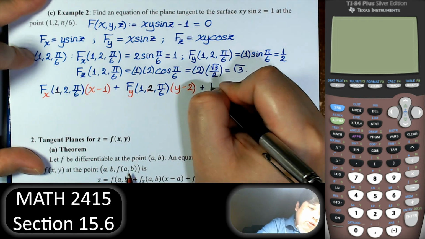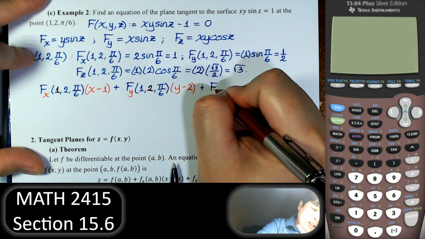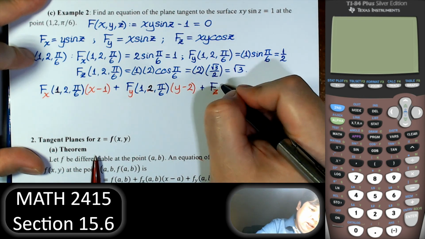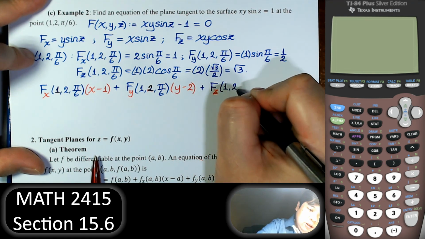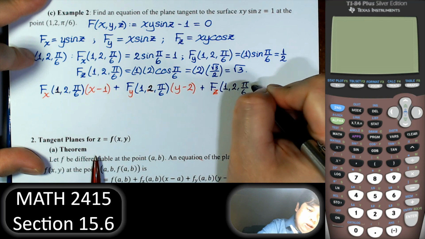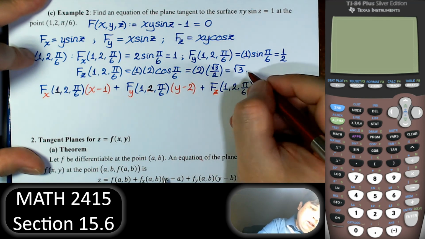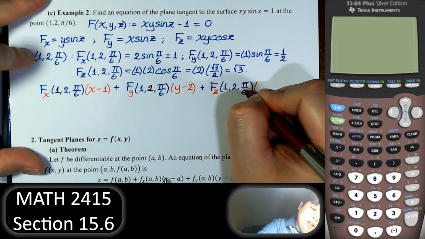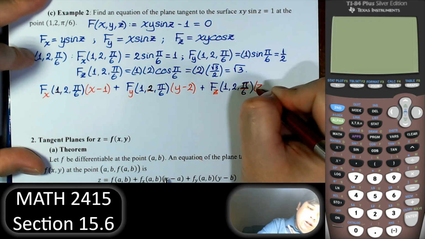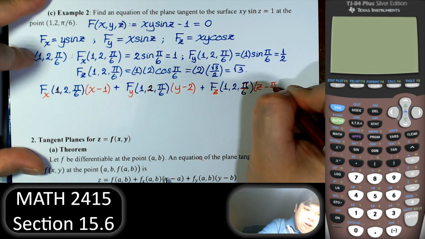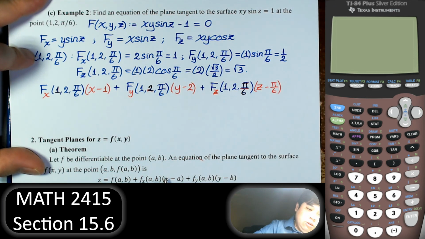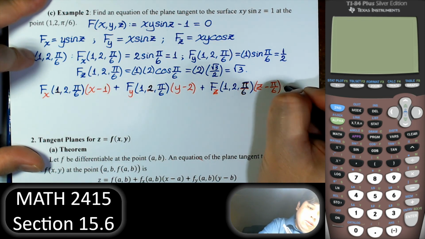And if we have the derivative with respect to z, we have z minus the z value of the point, equal to 0.